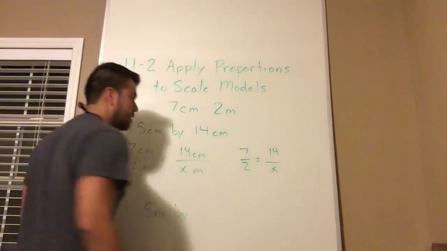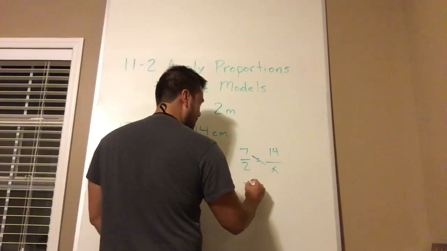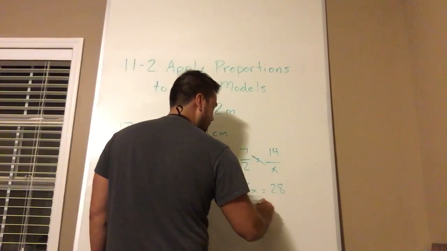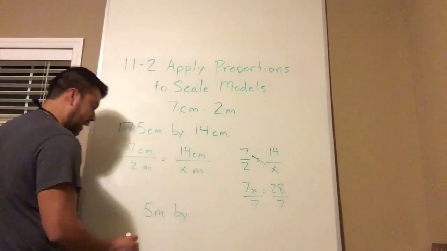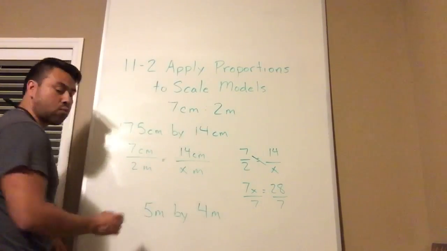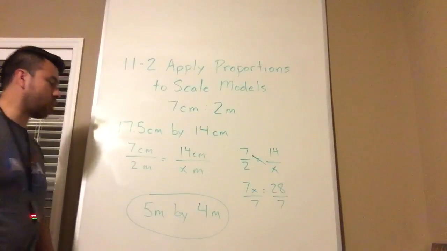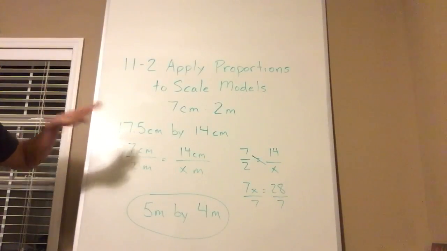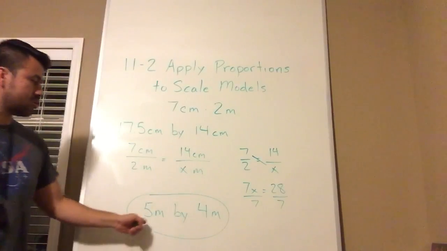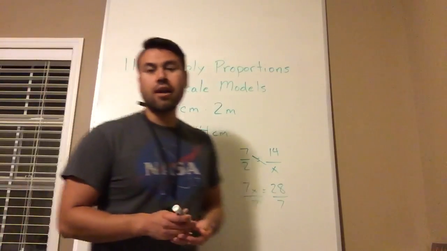I'm going to cross multiply like I did before. 7 times x, 2 times 14, divide both sides by 7, and I get 4 meters. So that room in actuality is 5 meters by 4 meters, which in the blueprint is 17.5 centimeters by 14 centimeters. That's the actual size, the actual dimensions of that room.